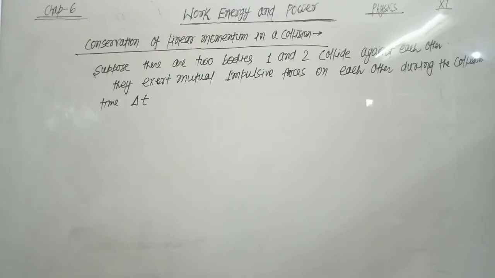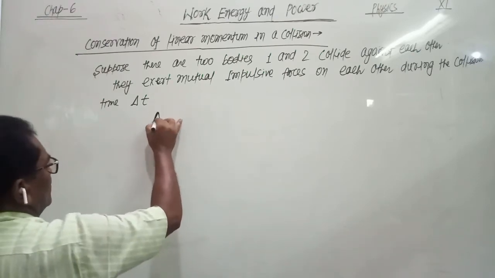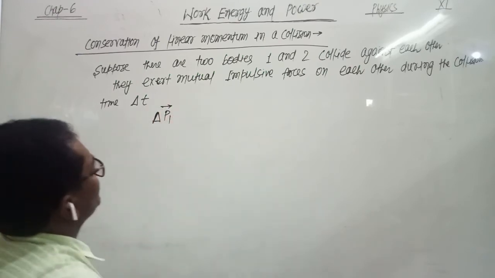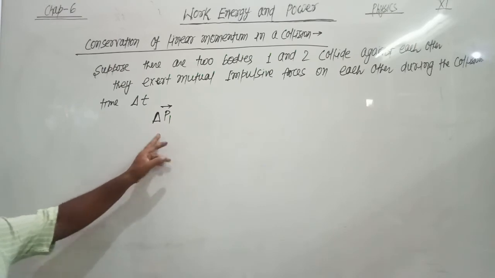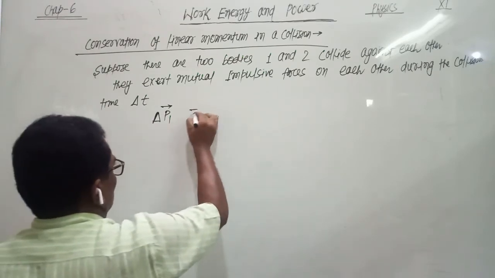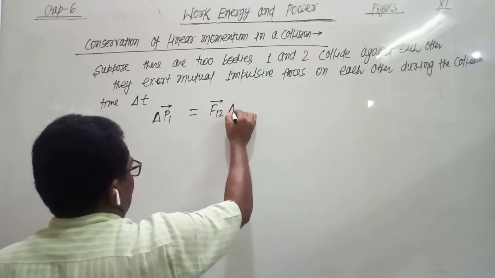And we know that the change in linear momentum for body 1, delta p1, equals F12 into delta t.